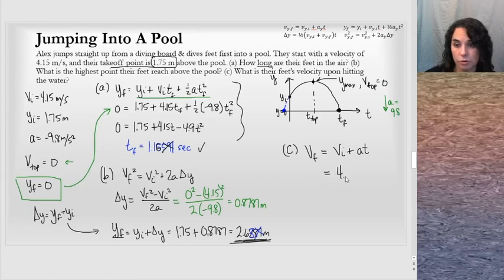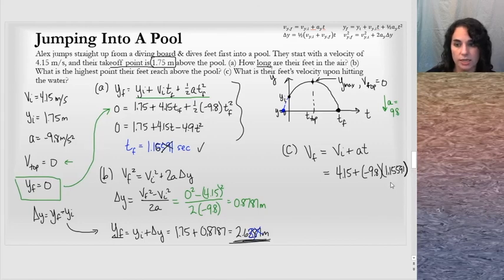I can plug in 4.15. I have a negative 9.8 meters per second squared, and the time was 1.1, and I'm going to hold some sig figs here just to keep it accurate.